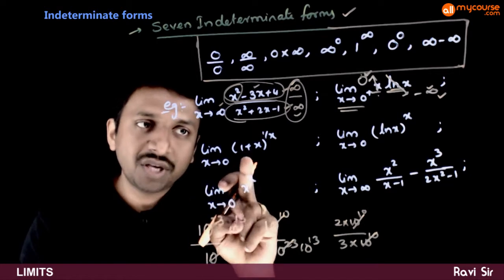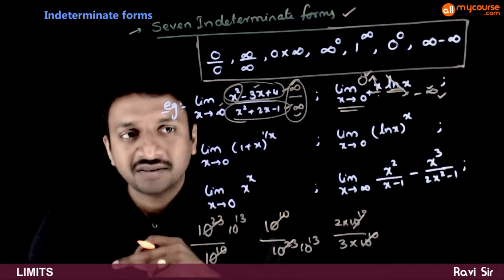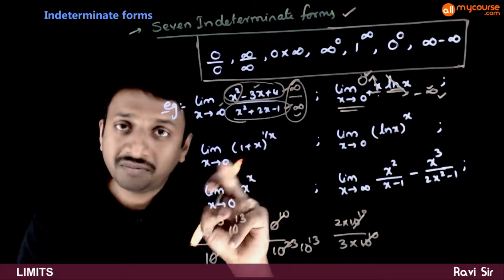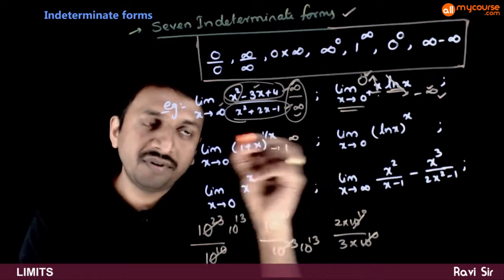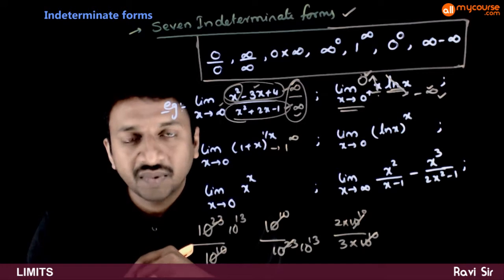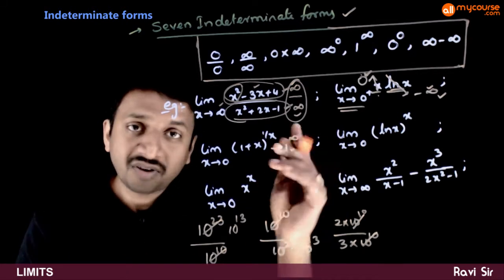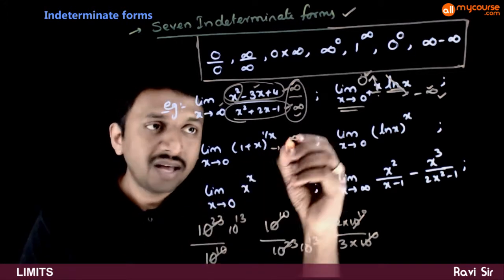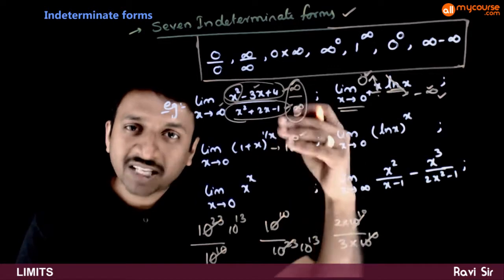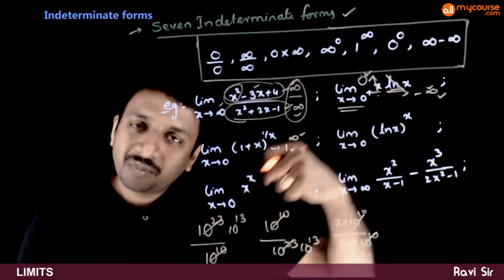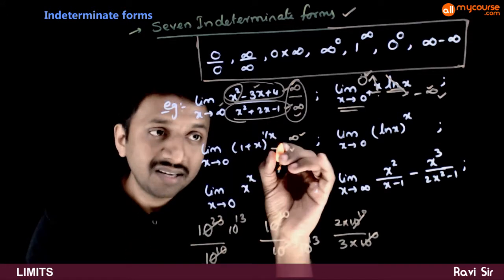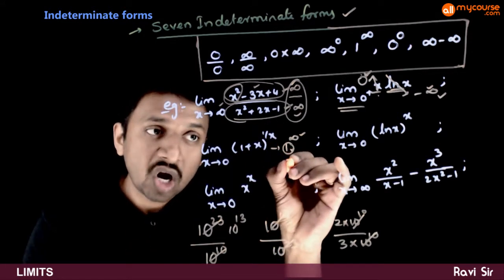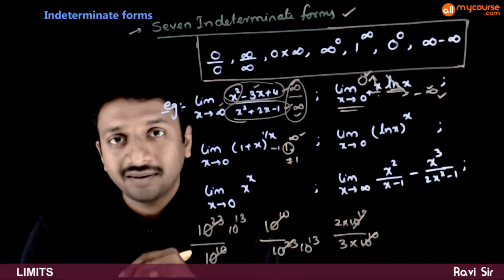And limit x tends to 0, (1 plus x) whole power 1 by x. If you put x equal to 0, x closer and closer to 0, this is of the form 1 power infinity. So the base tries to bring the answer to 1 and the exponent tries to bring the product to infinity. Again, you need to understand that this 1 which I have written is not exactly equal to 1.